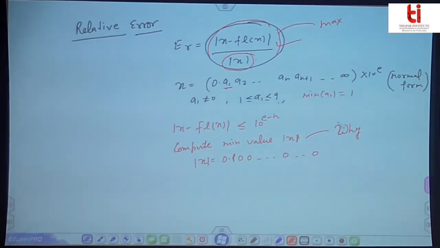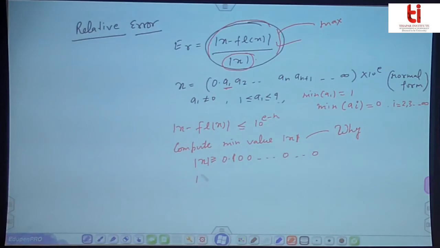And the minimum value of ai is 0, where i equals 2, 3 up to infinite. That is why we are taking the minimum values of a1, a2, a3, ..., an. So x is greater than or equal to this value, because x could take any other value also. We are taking the minimum value of x, so mod of x is greater than or equal to 0.1000.